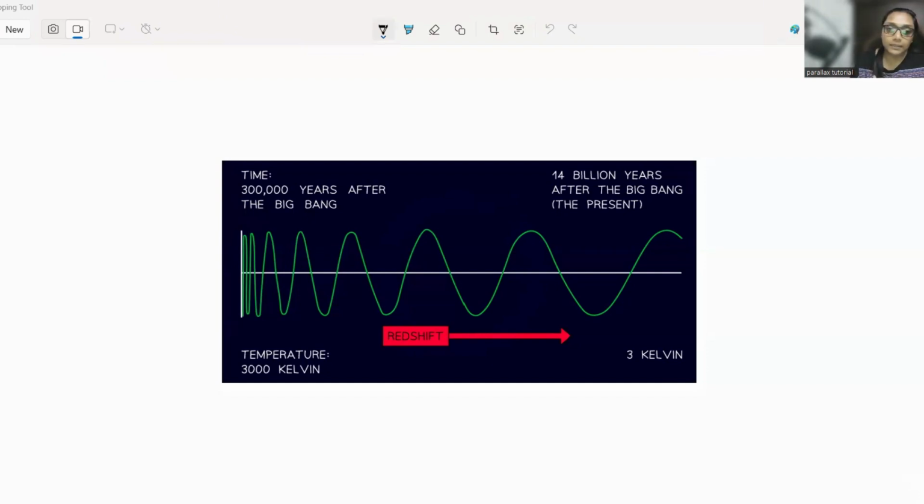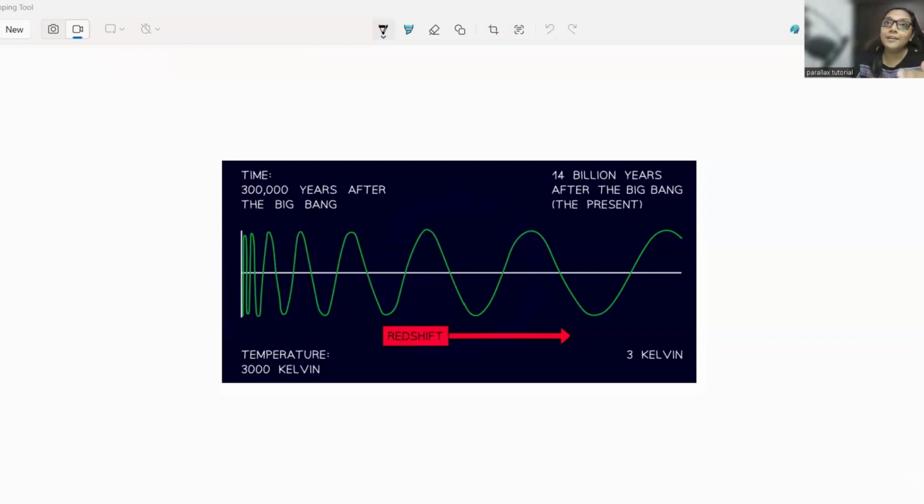According to Big Bang theory, the early universe was very hot and very dense. Because it was very hot, it must have emitted thermal radiation. Currently the radiation is in the microwave region. However, 14 billion years ago, the radiation must have been in the high energy region, at the gamma end of the spectrum, like you see in the picture over here.